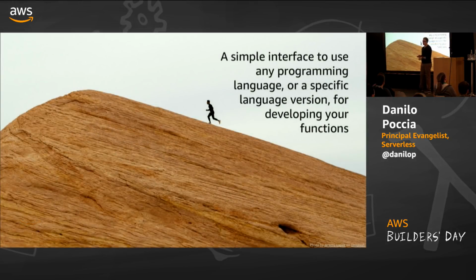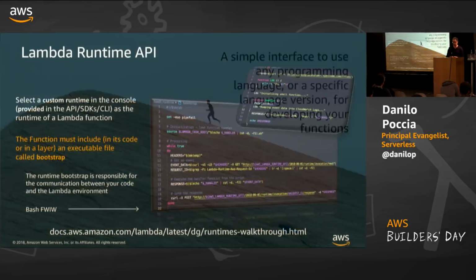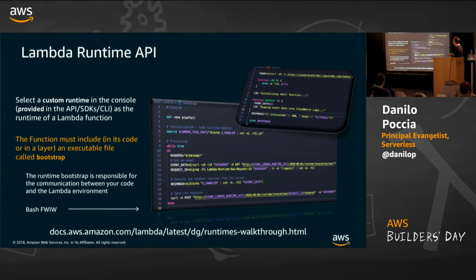So the runtime API is a simple interface that you can use to bring any programming language that can run on Amazon Linux, or a specific version of a language that maybe we support, but not the version you need, for developing your functions. So in the console, you can select a custom runtime, or you can use provided in the API, SDKs and CLI.